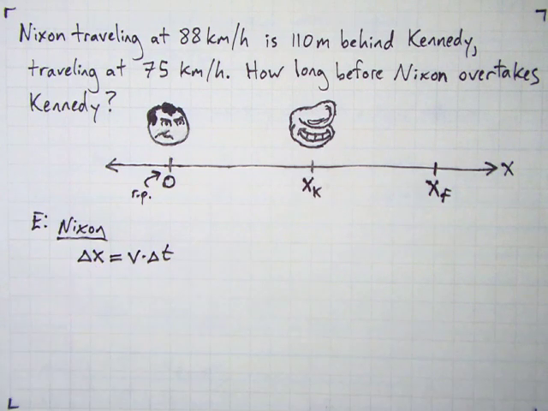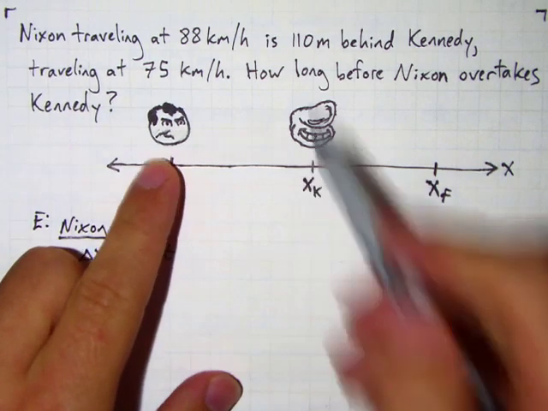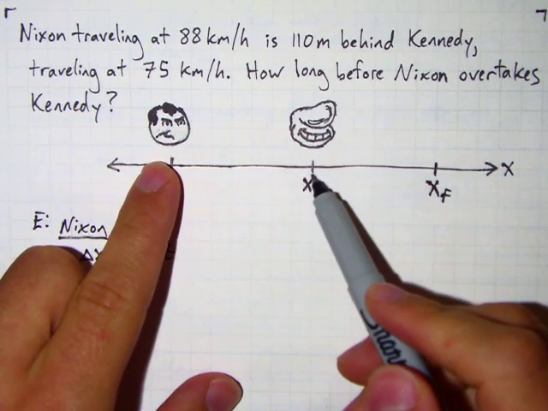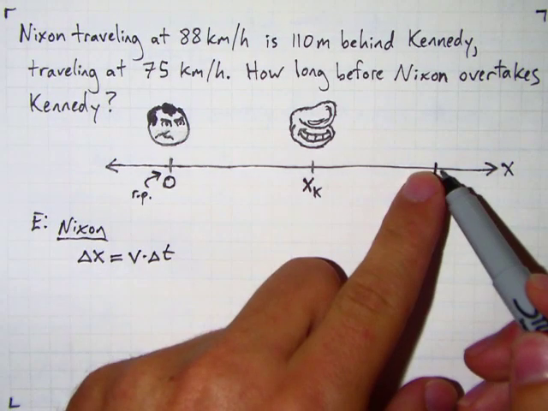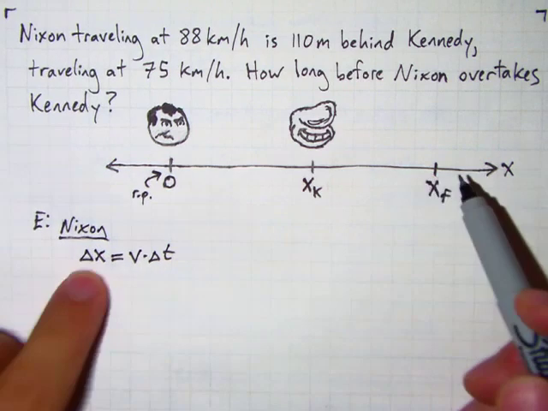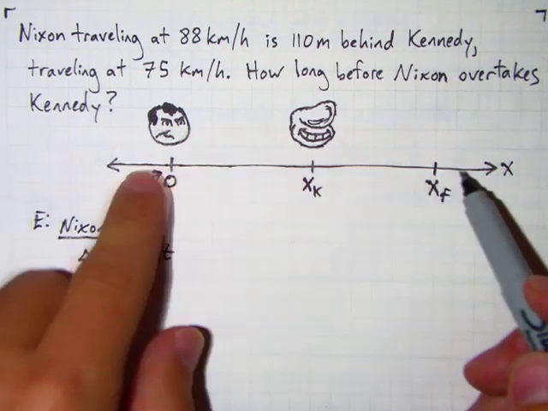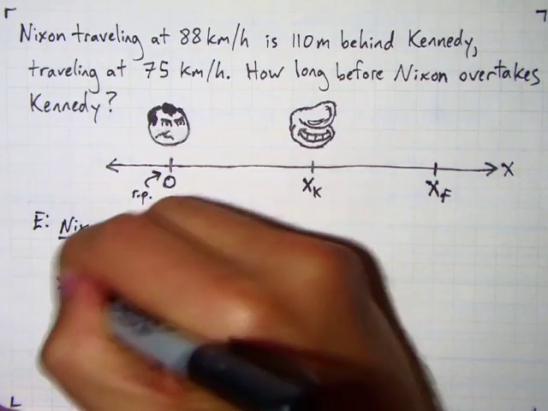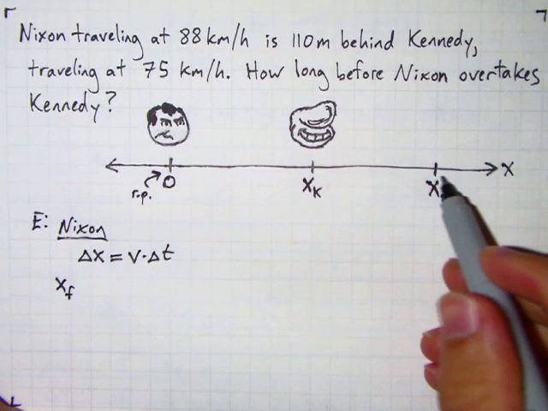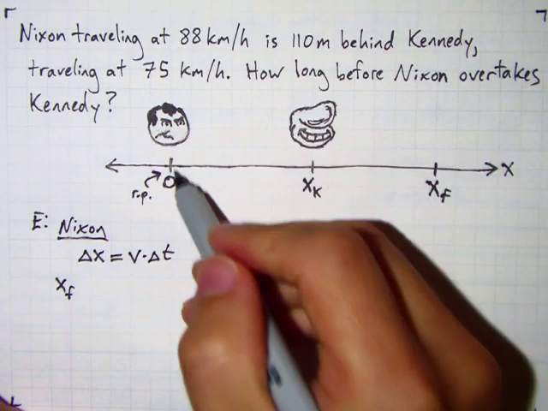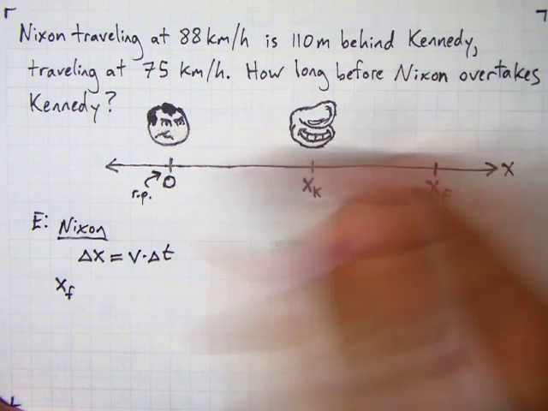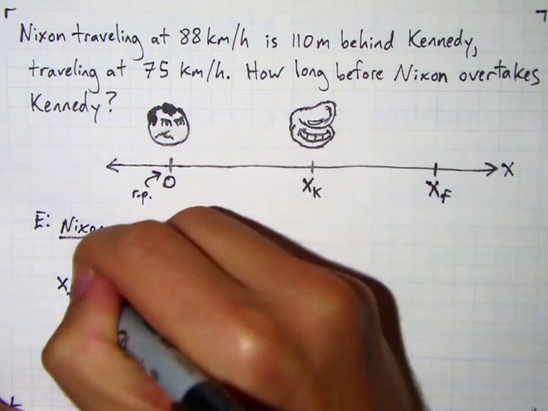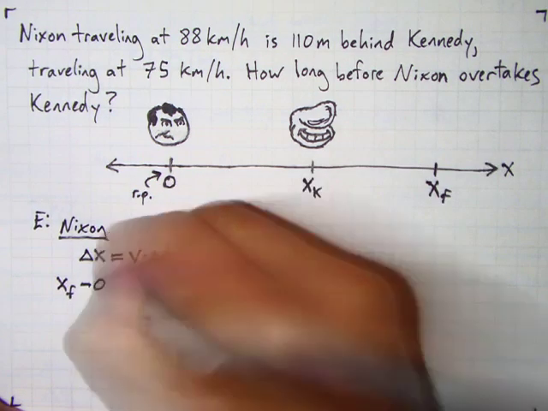Well, the two moments in time that we're interested in are this starting moment when they're 110 meters apart and the ending moment when they meet together over here. So Nixon's final position will be here when he catches Kennedy. x final is there, and his initial position, we defined it to be 0, our reference point. So delta x for Nixon is x final minus 0.